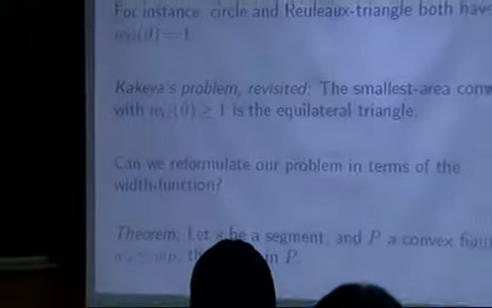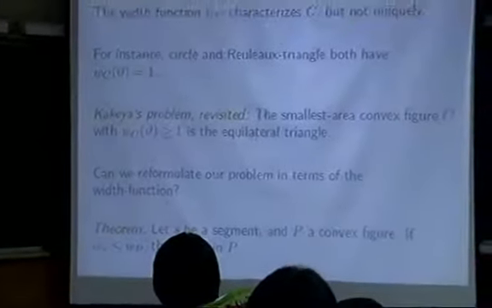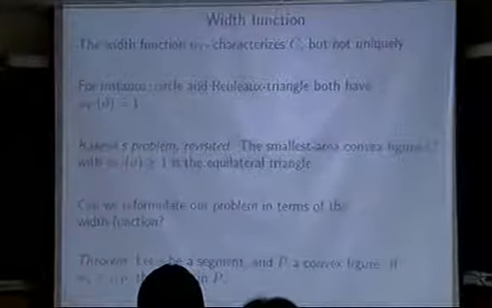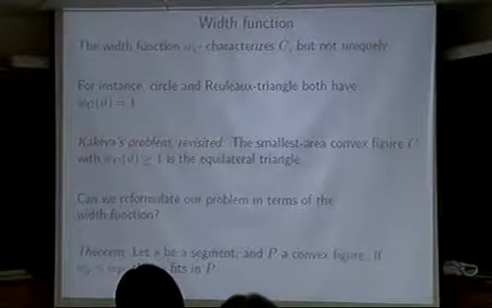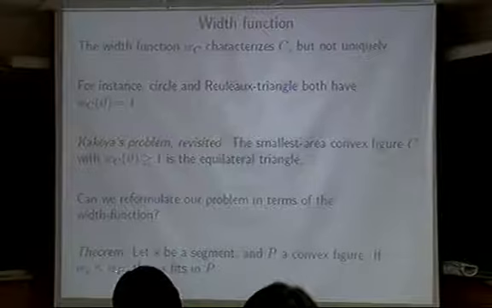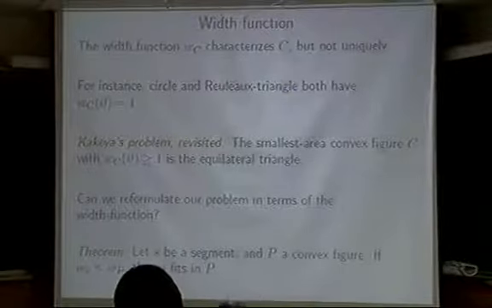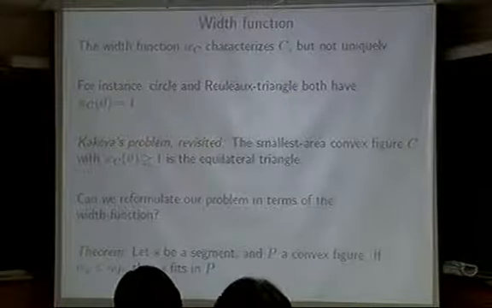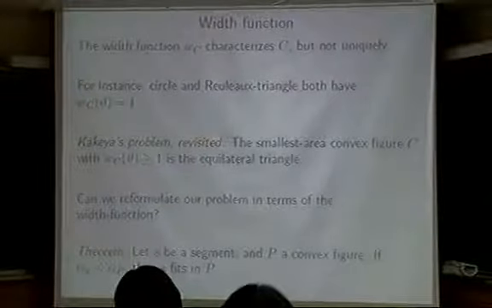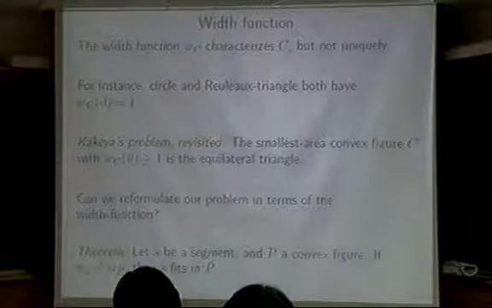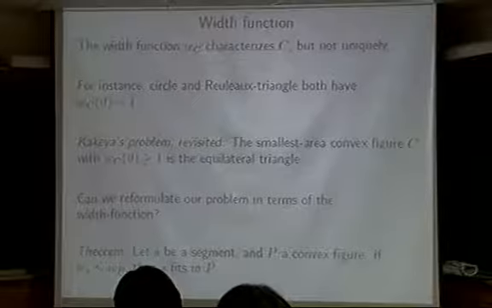So if I give you a segment S and a convex figure P, and I tell you that the width function of the segment is dominated by the width function of this convex figure here, it's not necessarily a polygon, then you can translate S to lie inside P. So this, I think, is surprising, because it's not true for two convex figures, right? I mean, the unit diameter circle and the Reuleaux triangle both have constant width 1, and neither fits inside the other.